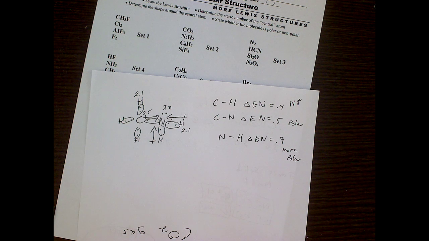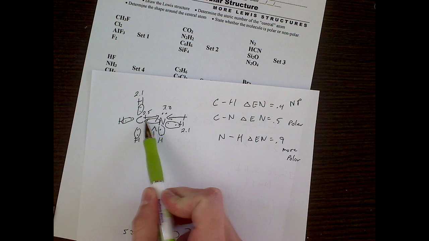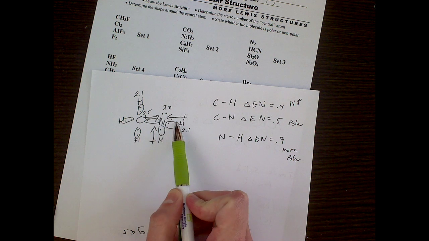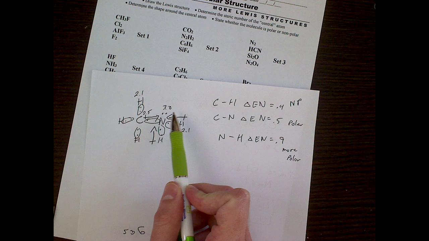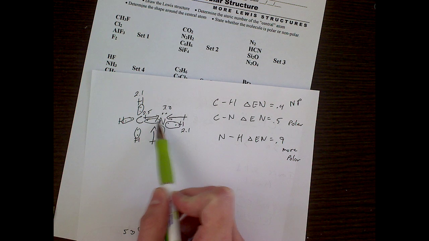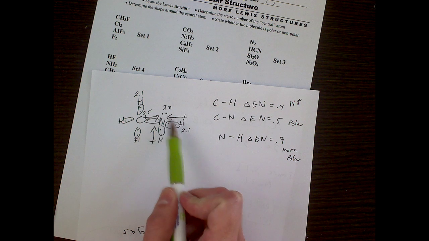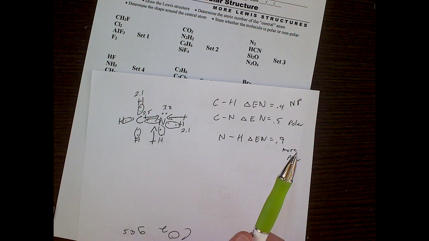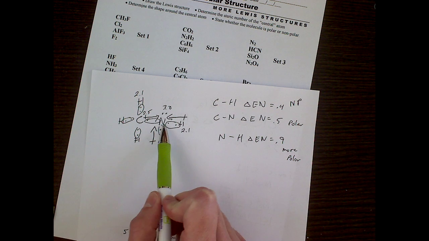All right, so in general, I'm going to look at this one. I've got one connection here, one connection here, one connection here, and then an unbonded pair. So that means I'm going to have a steric number of 4. Unbonded pairs like this around the central atom are going to be 1, 2, 3, 4. Now you're like, wait a minute, why did you pick this one and not this one?